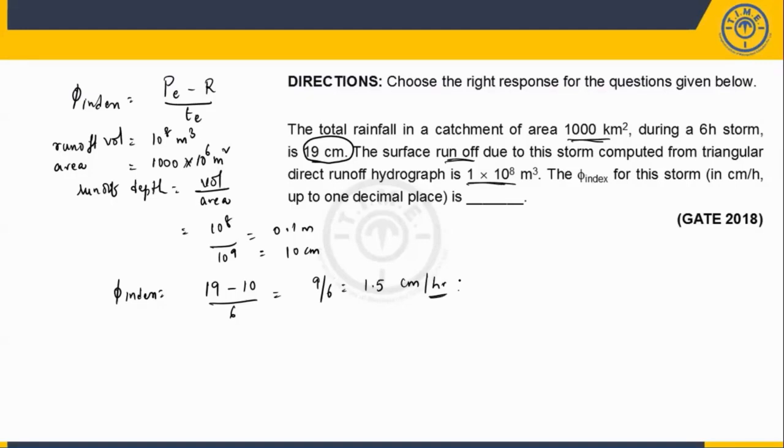Let me tell you the answer. Yeah, it's 1.5 centimeter per hour.